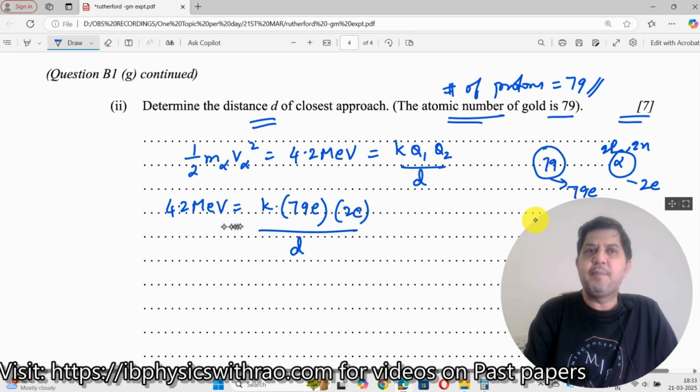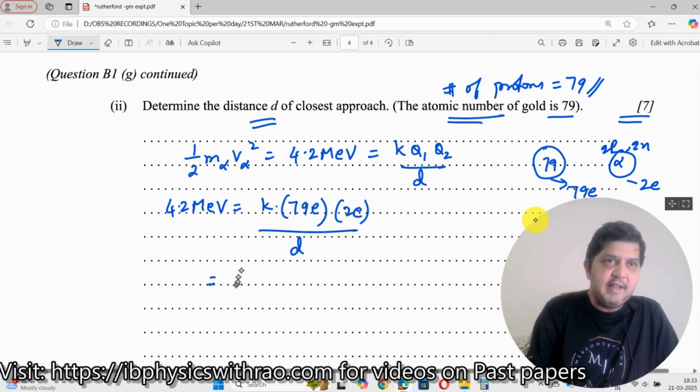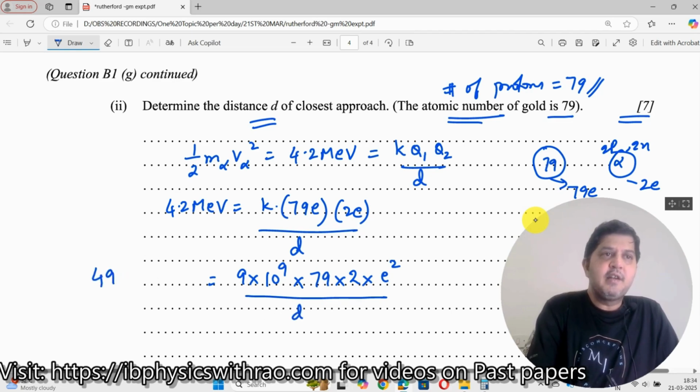Now I hope everything we have written over here is clear. I need to substitute the value of k also. What is the value of k? Electrostatic constant, 9 into 10 to the power of 9, which you already know, multiplied by 79 into 2 multiplied by e into e, divided by d, which should now be equal to 4.2 into 10 power 6 into e.